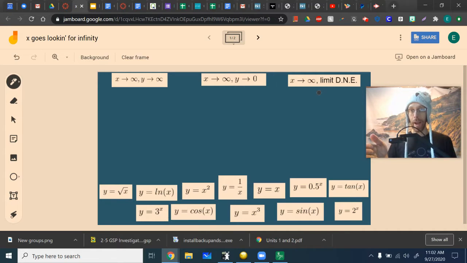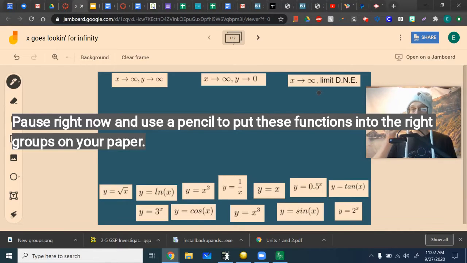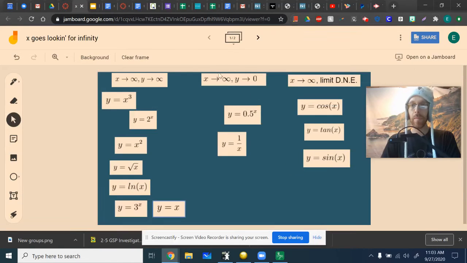Pause your video right now, and then in a minute you can check. So check your work. Your answers should look something like this. These go to infinity. These go to 0. The trig functions, because they just bob up and down, they don't have a limit as they go to infinity.